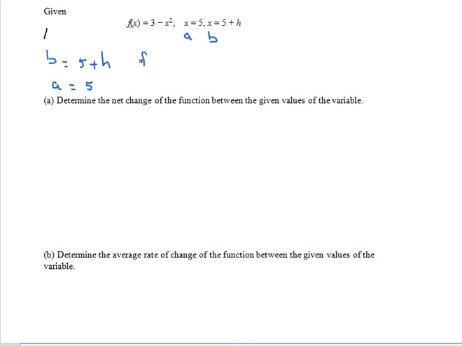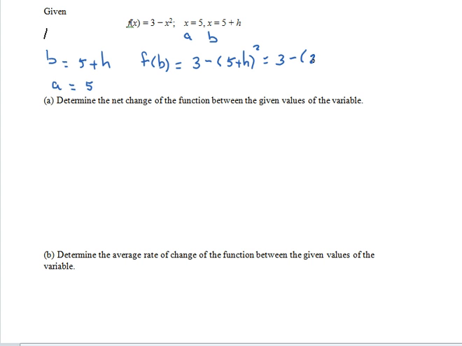So f of b is equal to 3 minus 5 plus h squared. Remember, whenever we square a binomial, we get a trinomial.